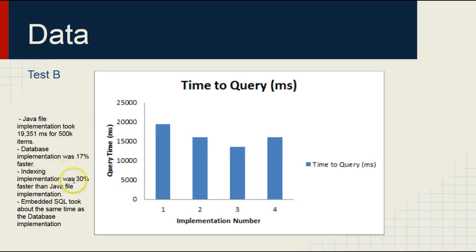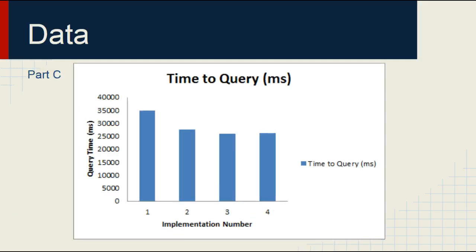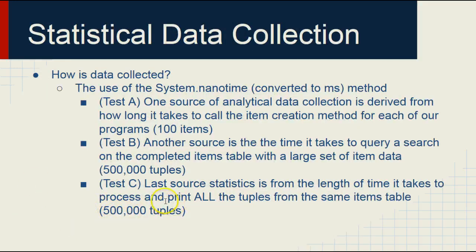Once we had indexing, it became 30% faster, and then when we took out indexing but made it entirely database implemented, it actually ended up being about the same speed as our database and file implementation, which was kind of surprising for us.